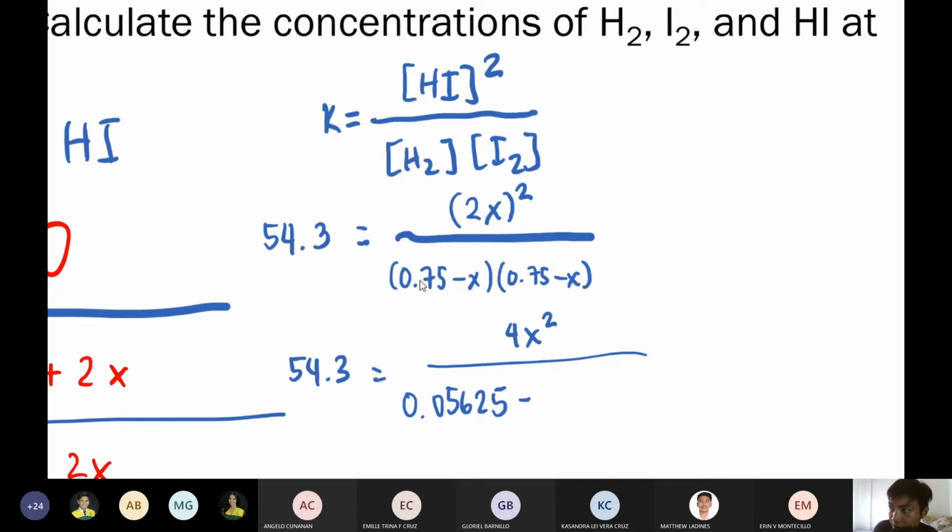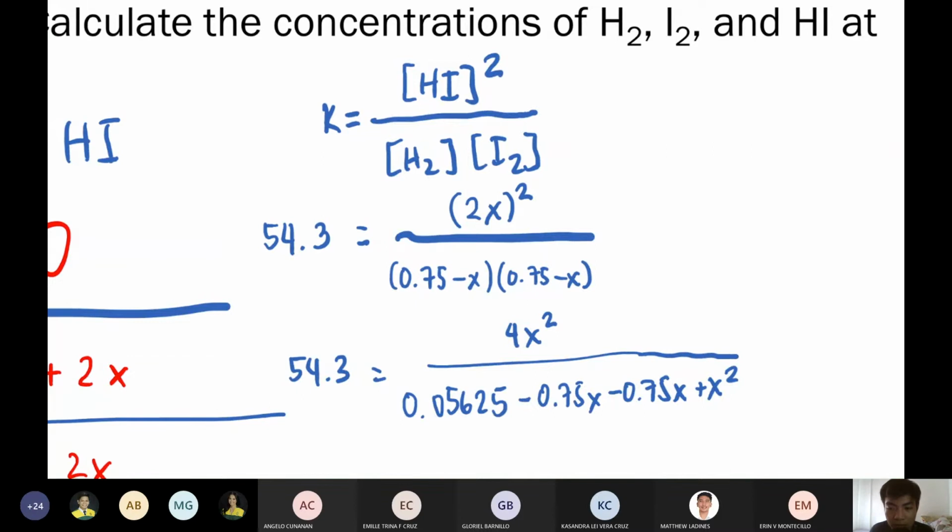Outer terms, nasa O na tayo ng FOIL. This times negative x. Okay, so that will be negative 0.75x. Inner terms, negative x times 0.75. So negative 0.75x uli yan. Then last term, negative x times negative x, positive x square.